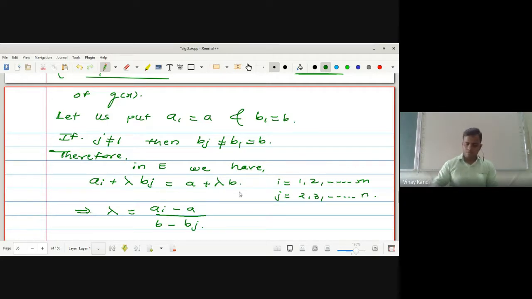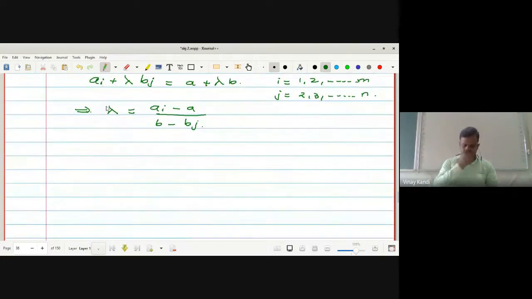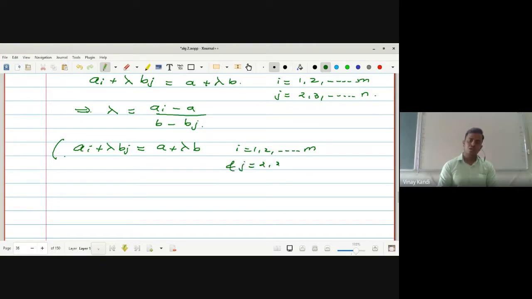That's the reason we write down the bracket. ai plus lambda bj is equal to a plus lambda b for i running from 1 up to m, and j running from 2, 3 up to n.